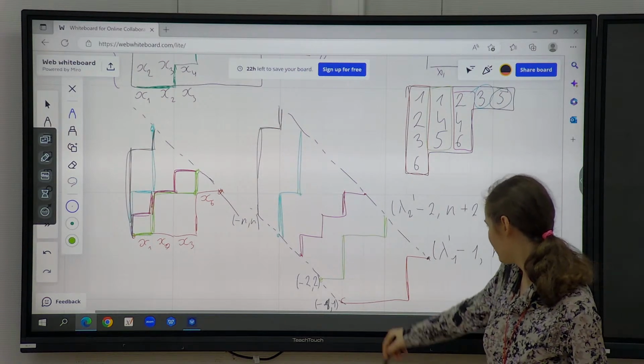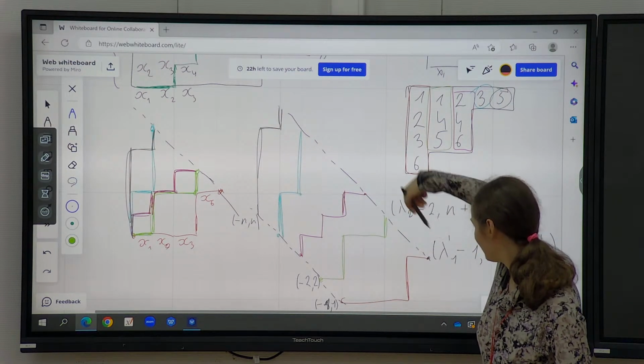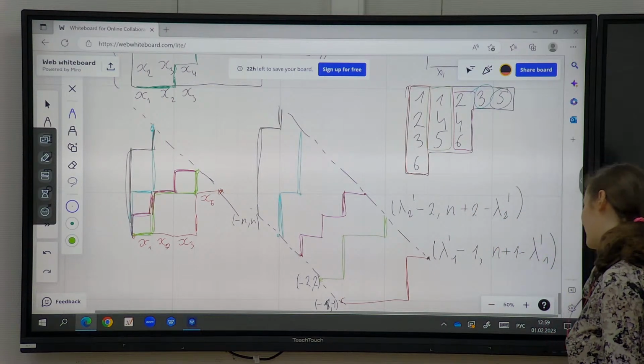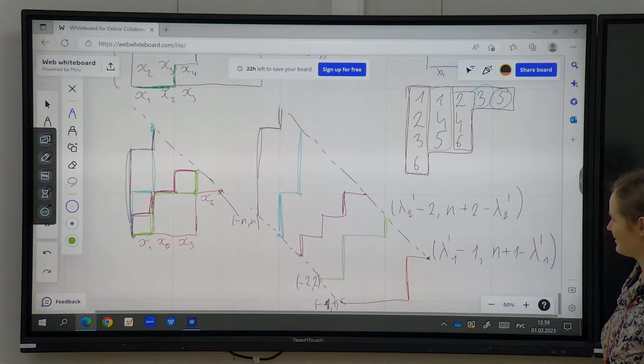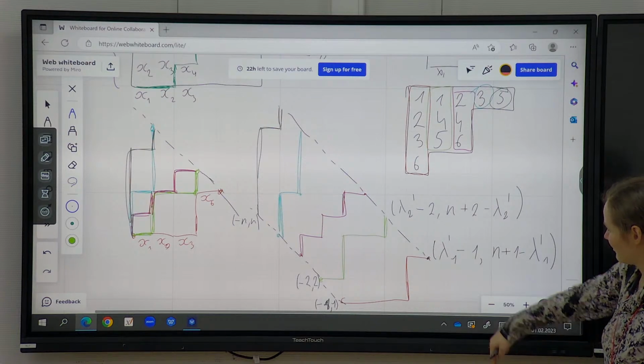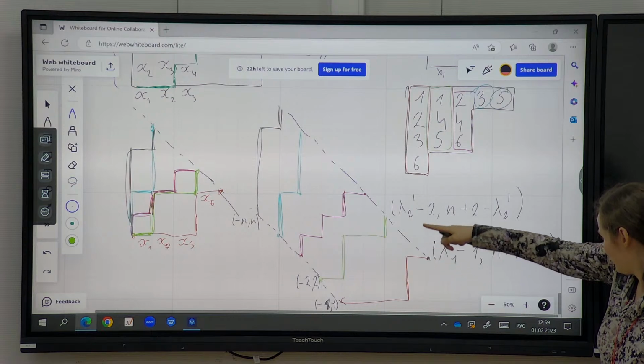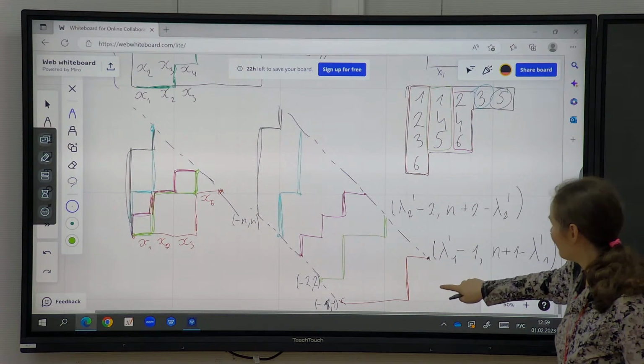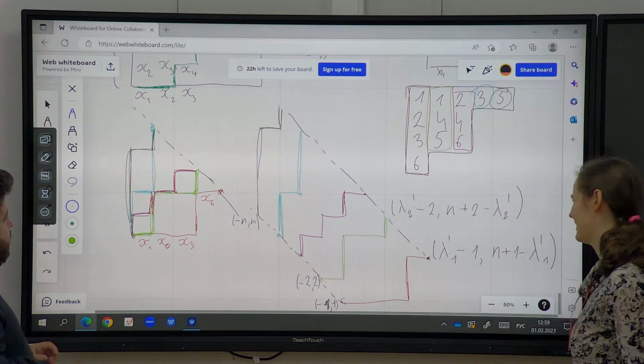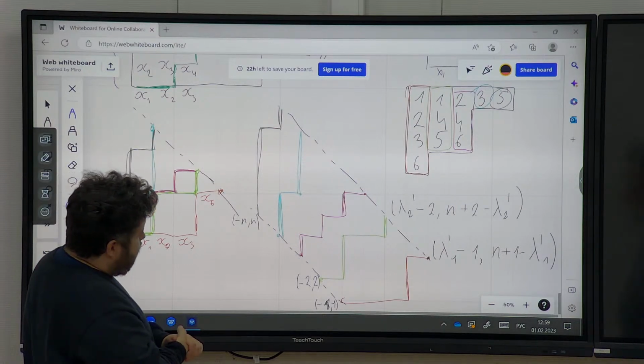So we have the set of starting points, the set of endpoints, and then applying Lindström-Gessel-Viennot, we can compute the generating function of these non-intersecting paths. We obtain exactly the determinant of e's that we want.